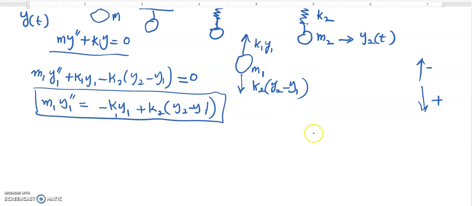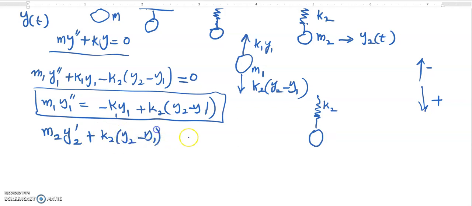Similarly for mass m2, which is only attached with spring k2. Therefore m2 y2 double prime, plus k2 (y2 minus y1).